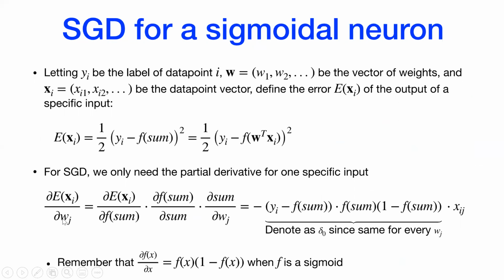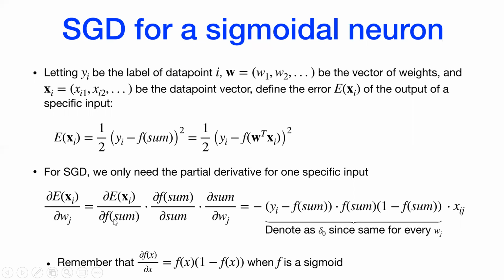Since I do not directly talk to Wj, what are the intermediate factors in between? Instead of directly looking for the rate of change with a particular parameter, I will first look at the rate of change with respect to f sum. This is your weighted sum sent to an activation function. Because f sum is directly part of this error, they are directly talking to each other.